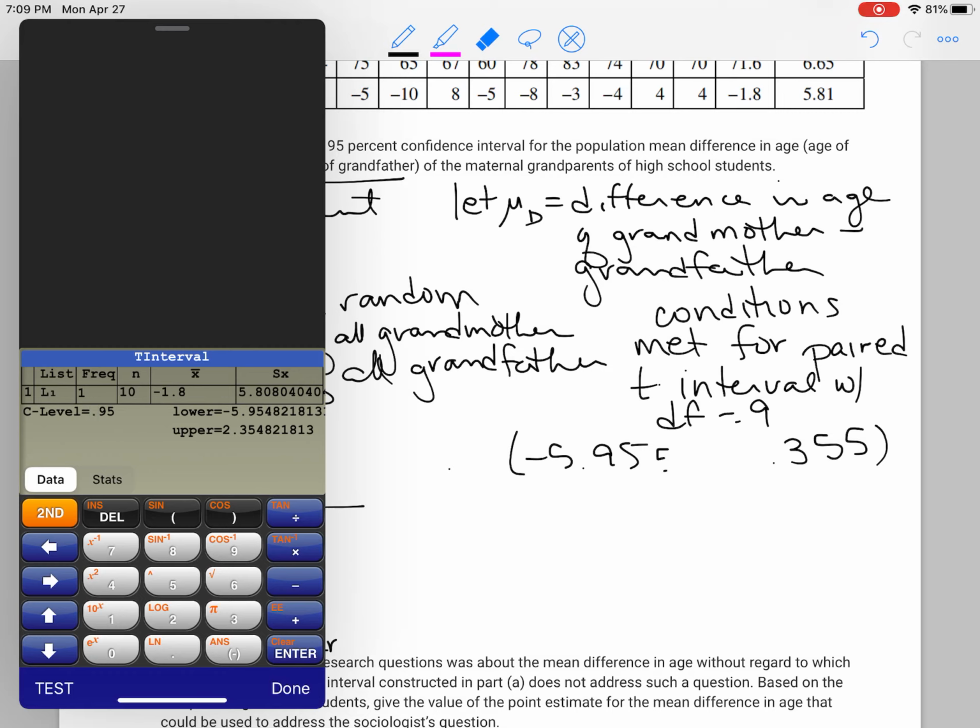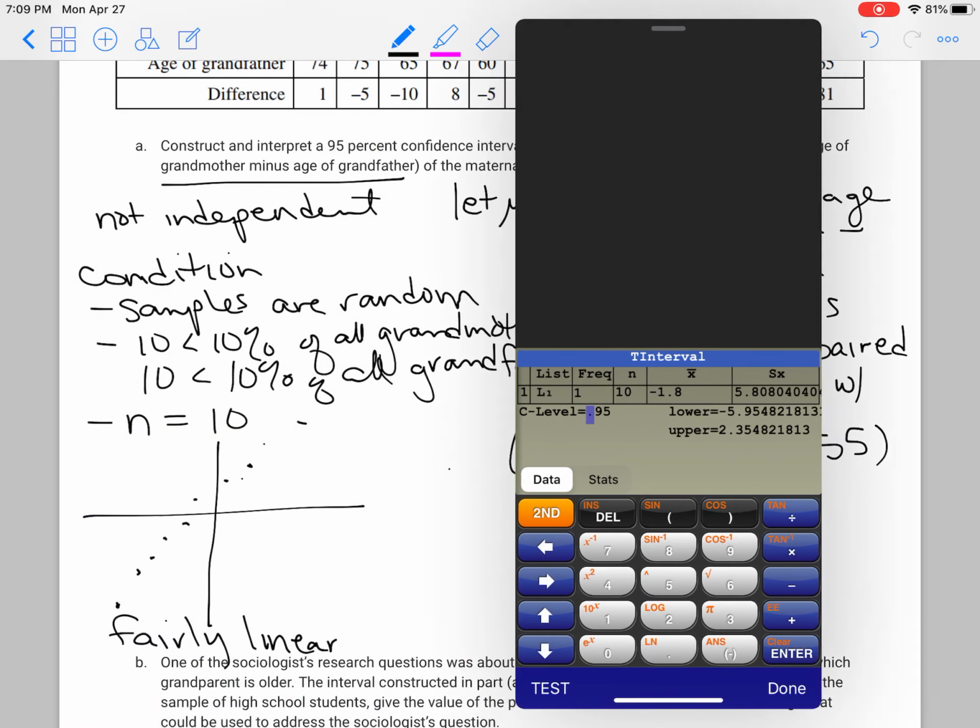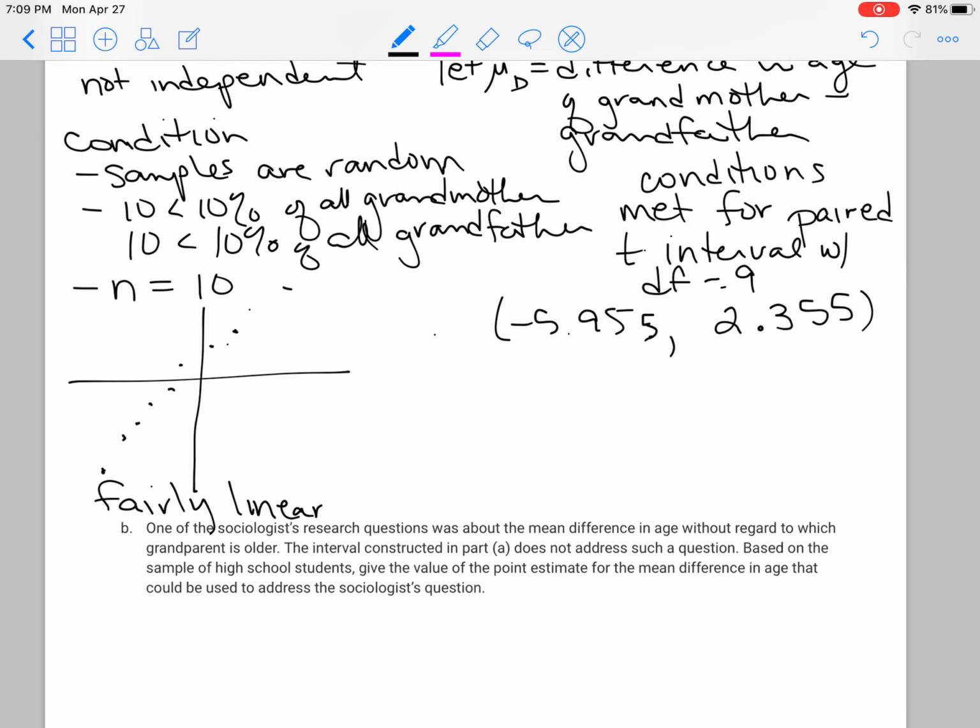All right, so now that you have your interval, you need to interpret it.